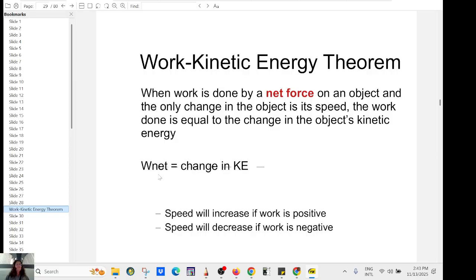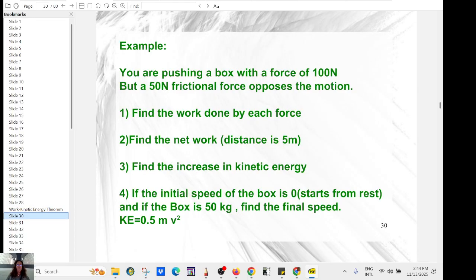Okay, so the net work equals the change in kinetic energy. That will be called the work kinetic energy theorem. Okay, so try to do this one.